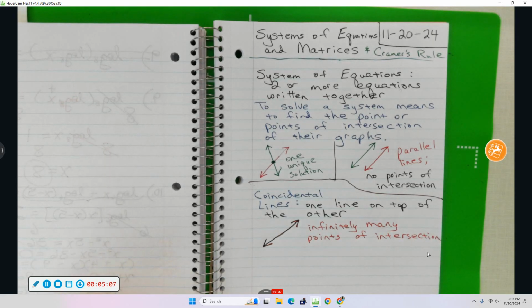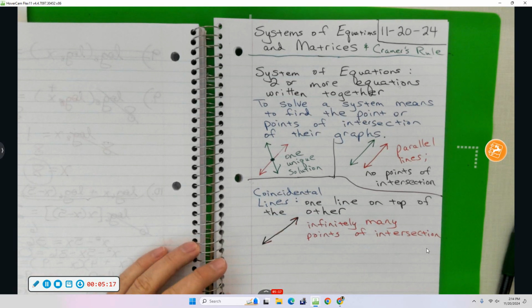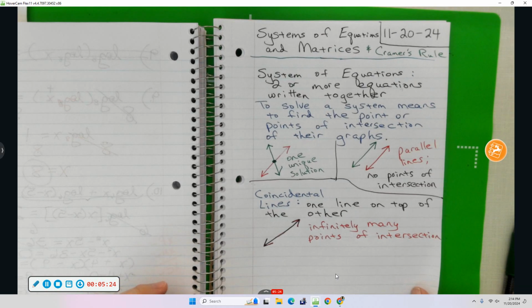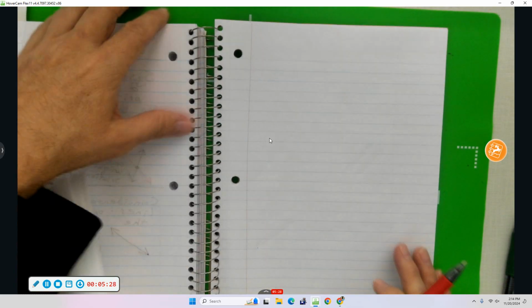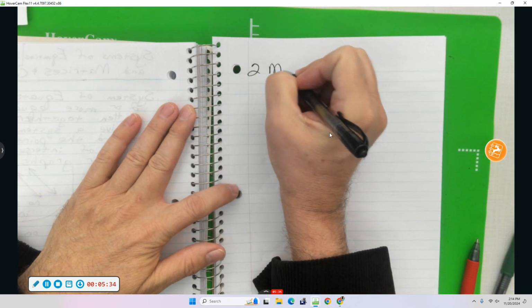We're going to look at two methods of solving a system of equations, and we're going to see a third method on Monday, but now we're looking at two. There are two generally accepted algebraic methods of solving the system. So, two methods of solving that we're seeing today.